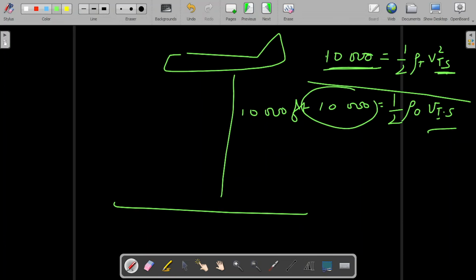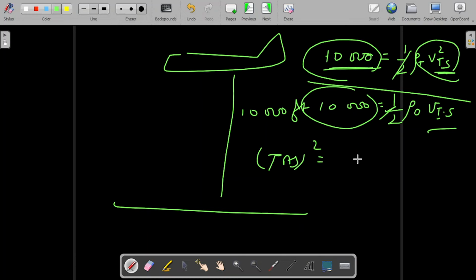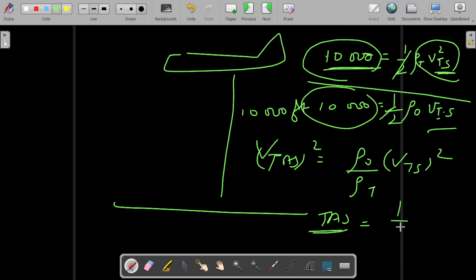If we make a relation between both of them, you will find that the true airspeed squared, V_TAS squared, is equal to rho naught by rho times V indicated squared. Removing the square, TAS, that is true airspeed, will be equal to 1 upon under root of rho true by rho naught, times the indicated airspeed, or rather EAS.